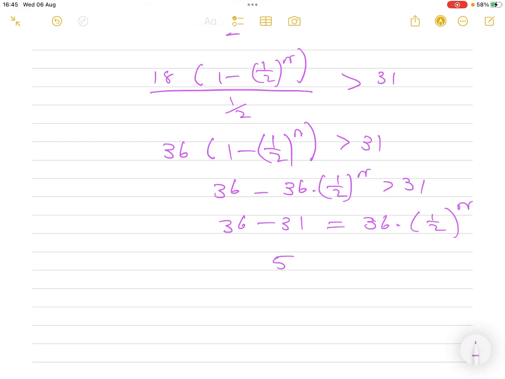So I will get 5 is equal to 36 times half to the power of n.